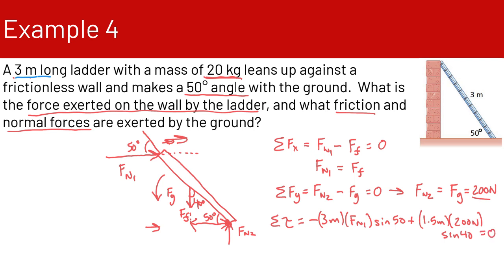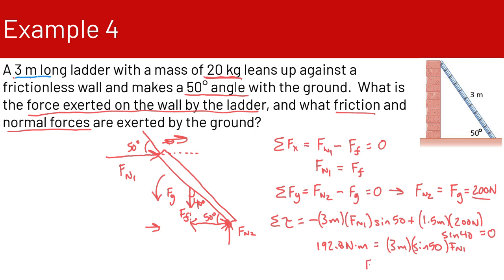So let's do some simplification here and solve for Fn1. So simplifying and moving stuff around, we have 192.8 Newton meters is equal to 3 meters times sine of 50 times Fn1.